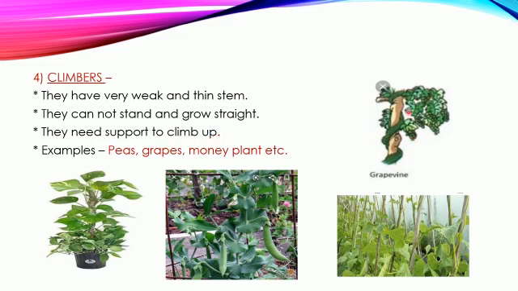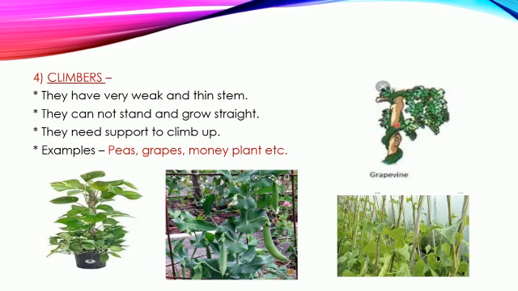You can say that this plant is growing straight, but if you see carefully, we'll find that this plant, it is the grape plant, the grapevine, it is growing with the help of support.